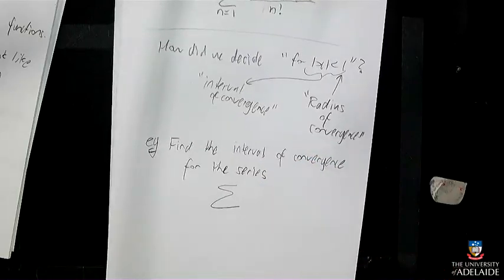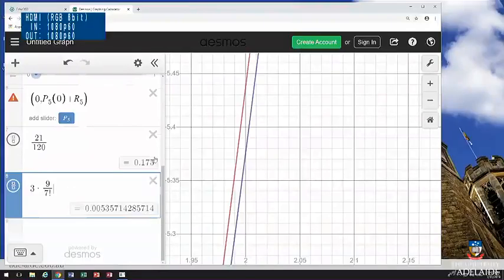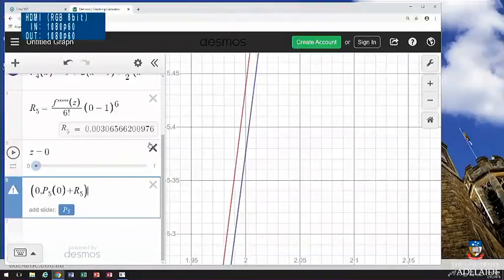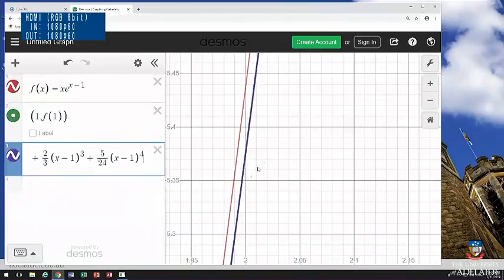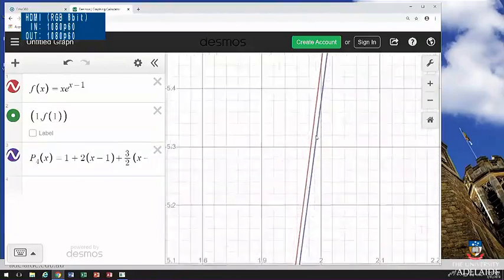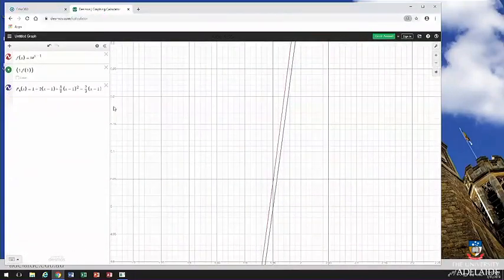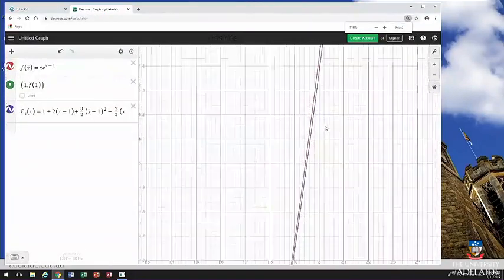All right, let me just make one up. So the graph that we did before, where we plotted the graphs, we brought up the series where we got approximately to a particular point.